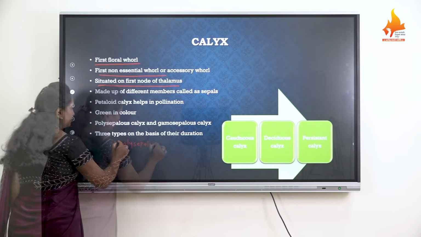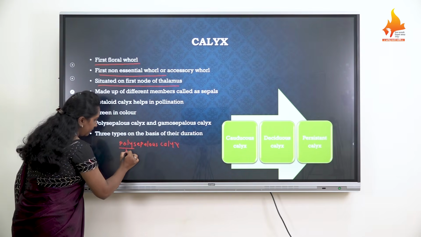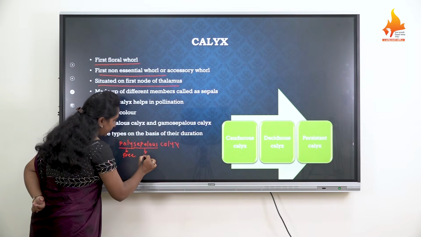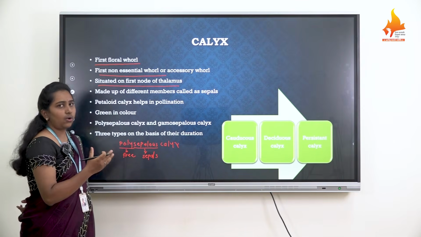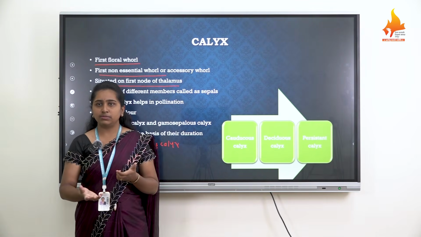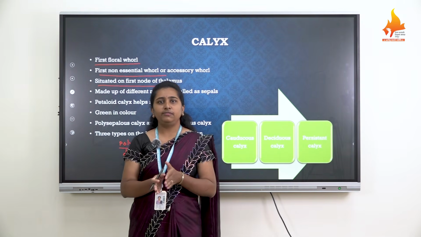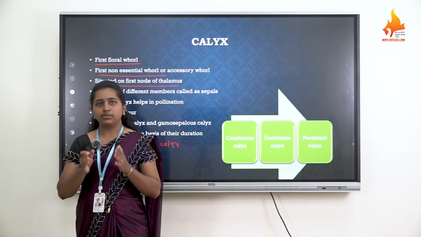Poly means free and sepalous means sepals. The calyx in which the sepals are free is called polysepalous calyx. And gamosepalous calyx means what? Gamo means fused and sepalous means sepals. The calyx in which sepals are fused is called gamosepalous calyx.